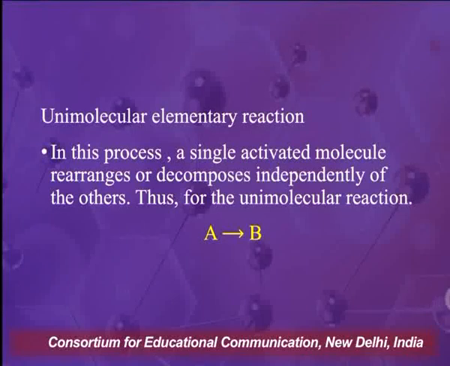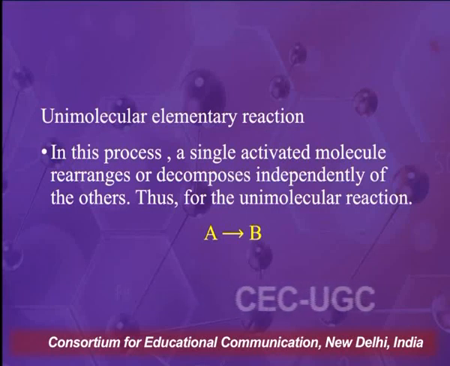Let us see the unimolecular elementary reaction. If we have an elementary reaction A gives B, in this process a single activated molecule rearranges or decomposes independently of the others.